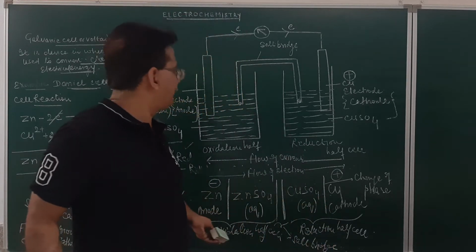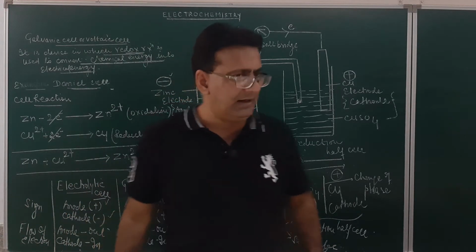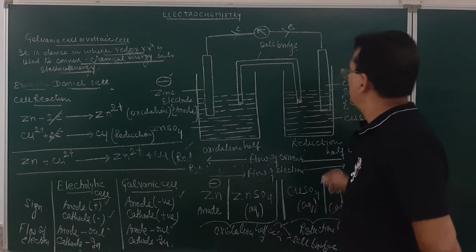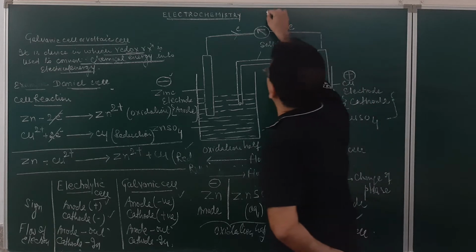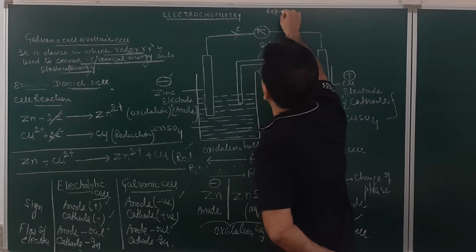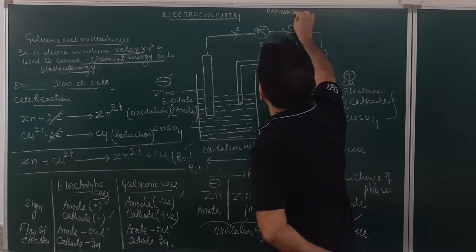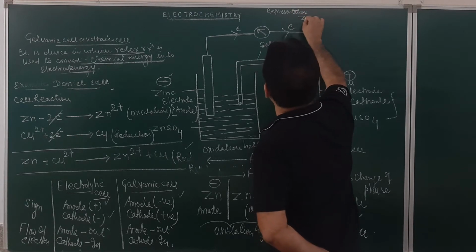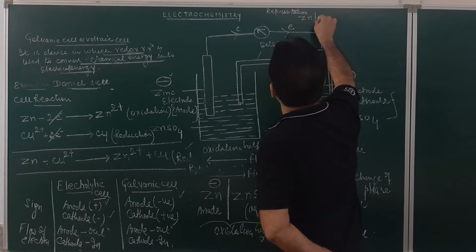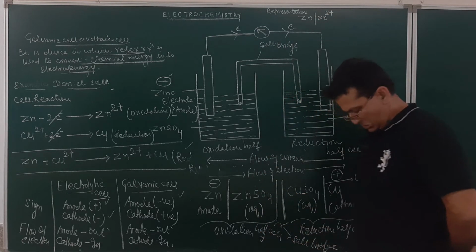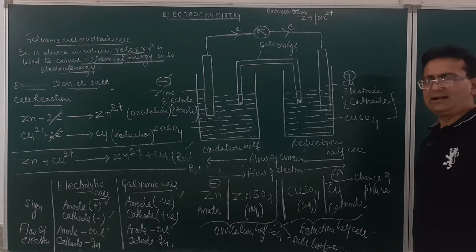Yes, there is one more way before I start discussing this chapter further. The cell can be represented in this manner also. The zinc electrode is dipped in a solution of zinc ion. Instead of writing zinc sulfate, you may straight away write zinc ion.